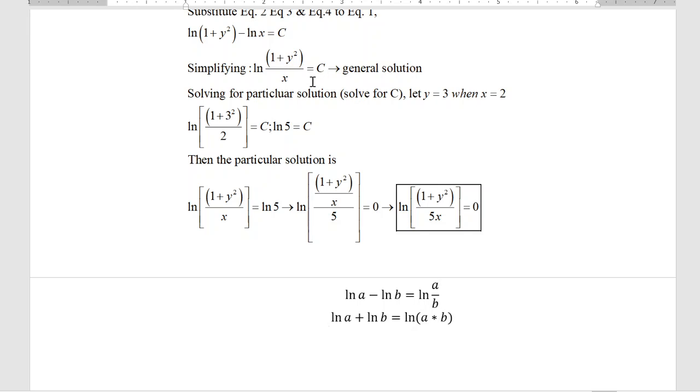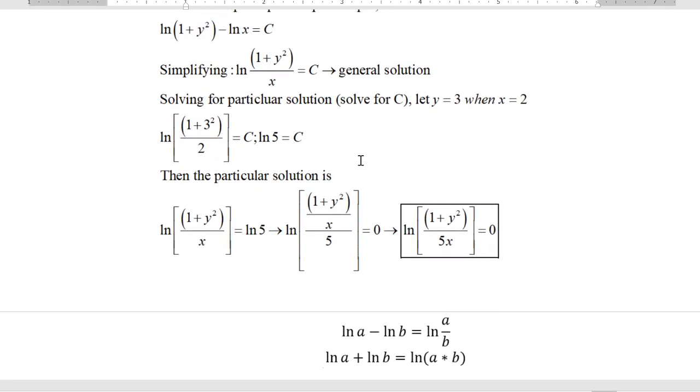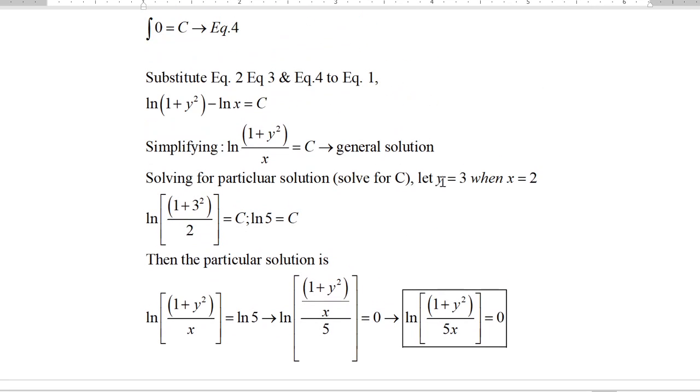And pag general solution, babalik tayo dito, palakihan lang natin. Substitute natin given y is equal to 3 when x is equal to 2. So substitute mo 3, 1 plus 3 squared over 2, 1 plus 9 over 2, 1 plus 9 is 10 over 2, 5. So ang c natin, ln 5. Tama. So from the general solution, substitute natin si ln 5.